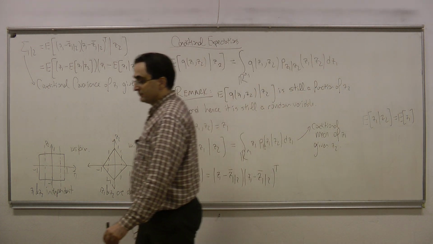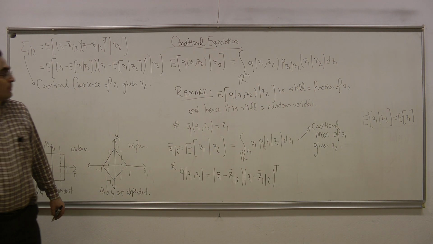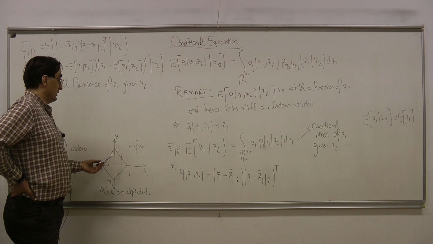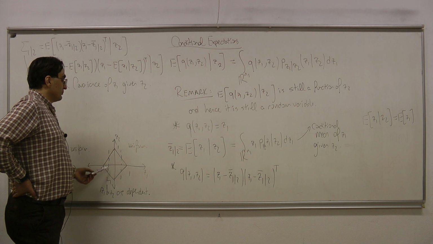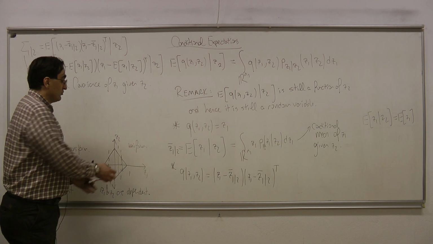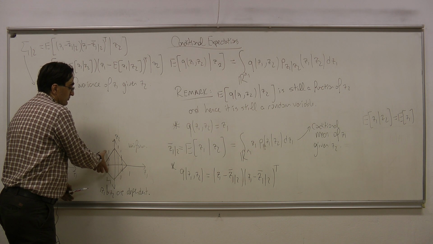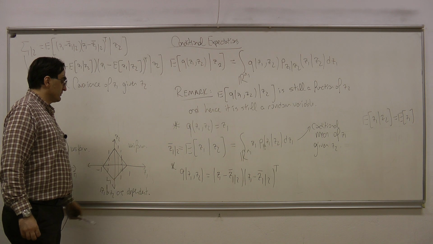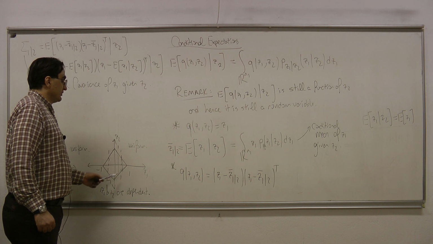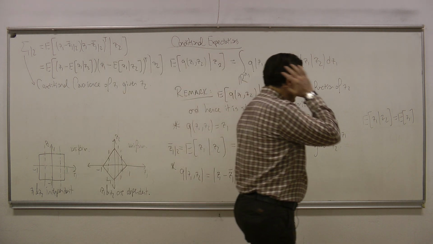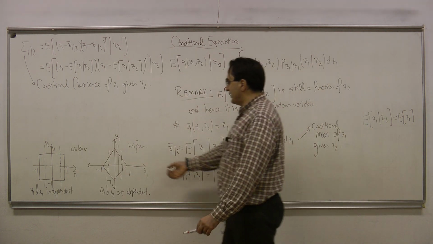What about the second case here? When Z1 changes, the uniform distribution would change, but it would still be symmetric around 0. So the conditional mean of Z2 given Z1 would be equal to 0, independent of the Z1 value. What about the conditional variance?